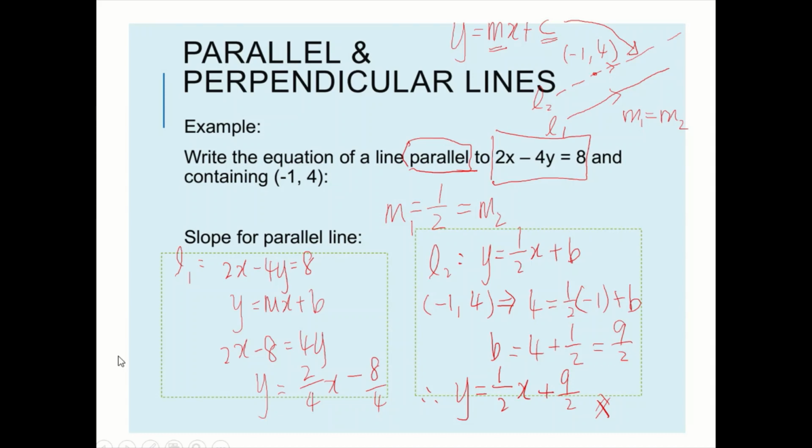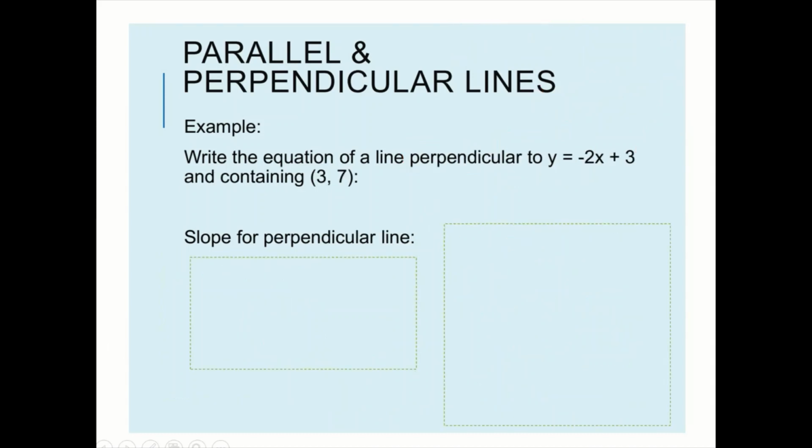Now, let's take another look at the perpendicular example. Write the equation of a line perpendicular to y equals -2x plus 3 and containing the point 3, 7.